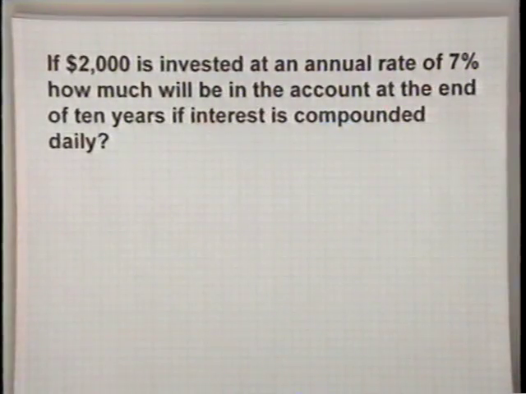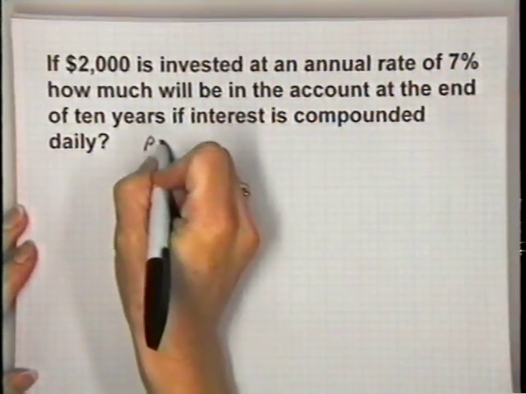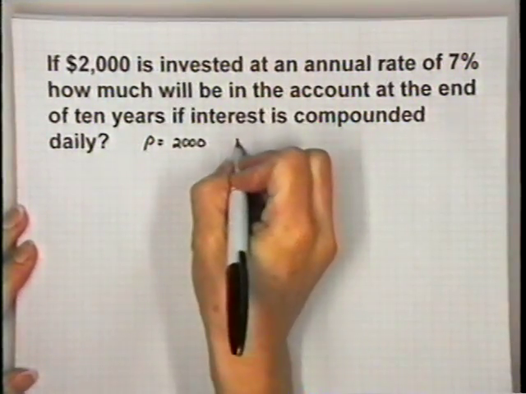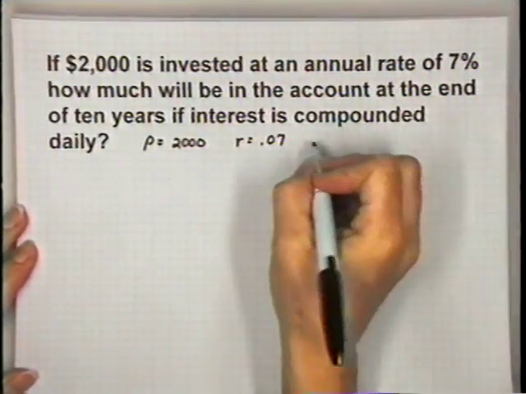Okay, well, let's take, again, $2,000. This time we're investing at that same annual rate of 7%, but notice how much will be in the account at the end of 10 years if interest is compounded daily instead of monthly. Well, let's see. Our principal is $2,000. Our annual interest rate R is 7%, 0.07.